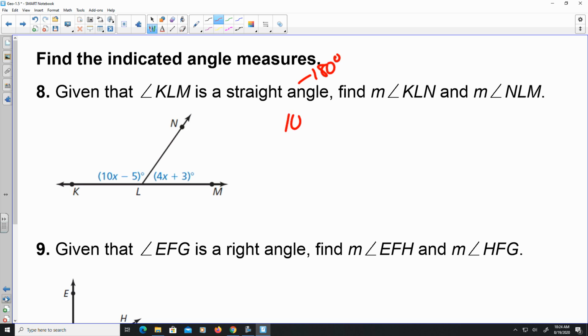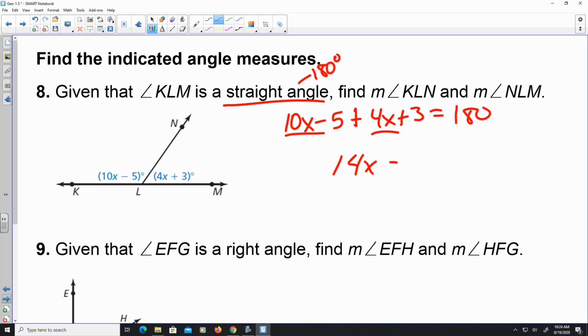So you take 10x minus 5 plus 4x plus 3, and the result is going to be 180 degrees because they told you it was a straight angle. Combine like terms, I get 14x minus 2 is equal to 180. Add 2 to both sides. So I got 14x is equal to 182. 182 divided by 14, I get 13.